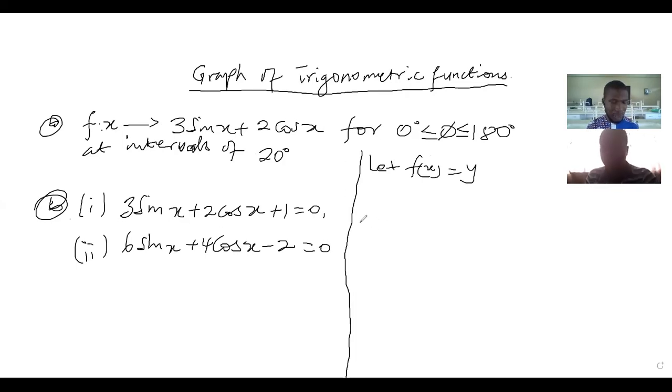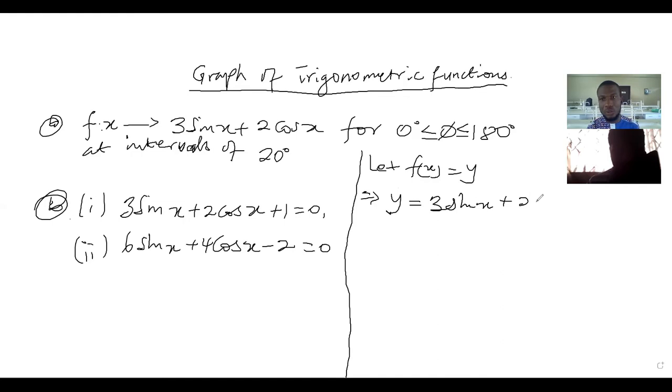So that means that y will be equal to 3 sine x plus 2 cos x. That is how our new function or equation looks.